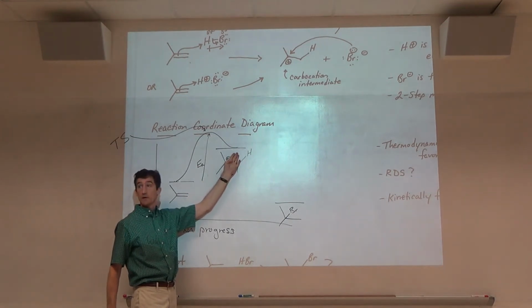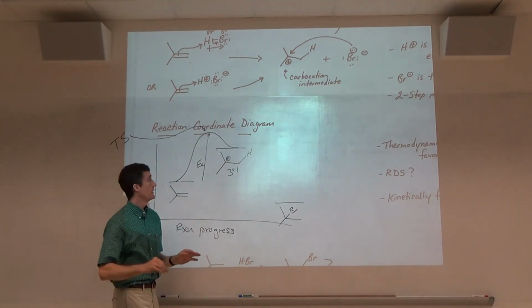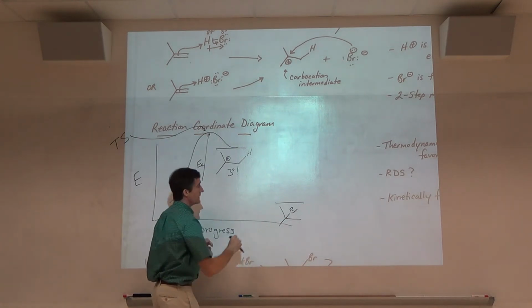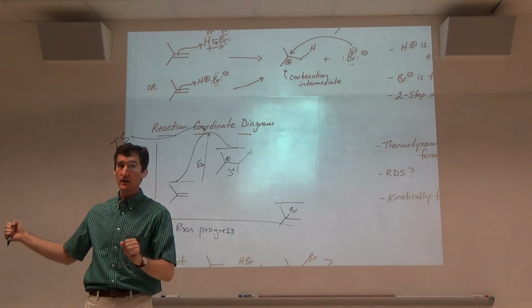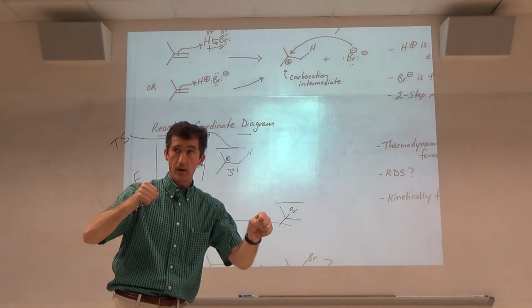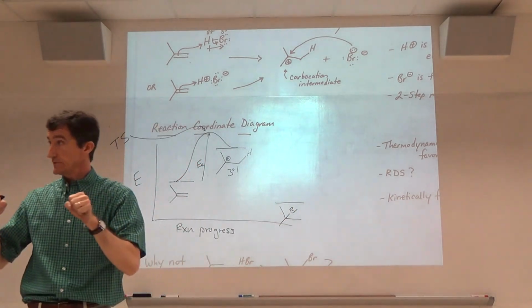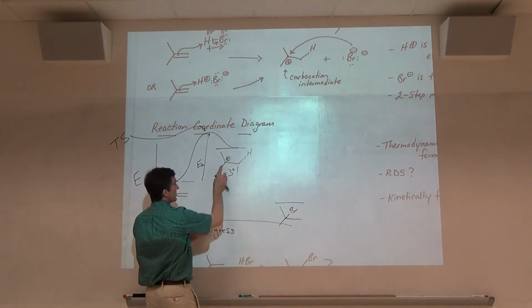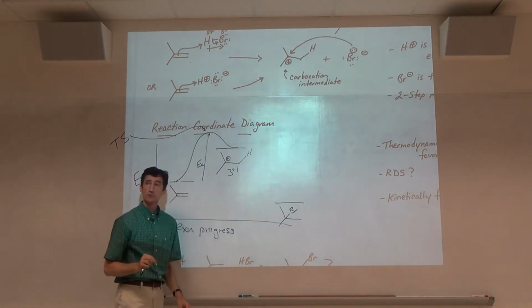See, this is an energy well. From there, now we're going to have that bromine come in and make that bond. But that's a transition state. That bond's being made. Now, from here we're going back downhill to a neutral molecule.